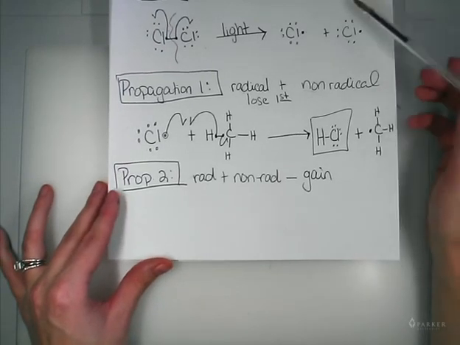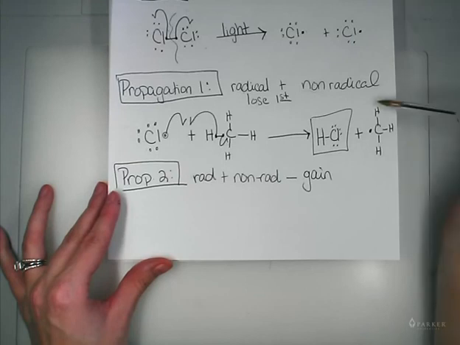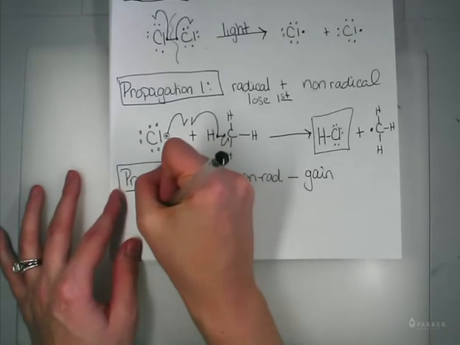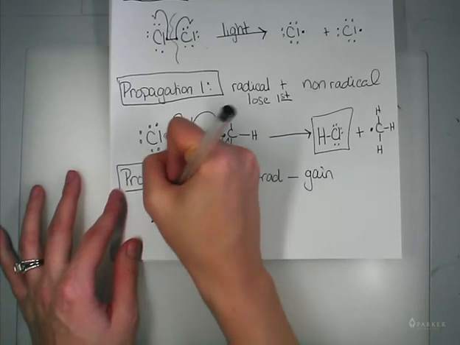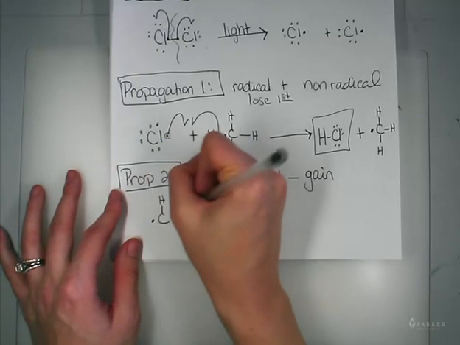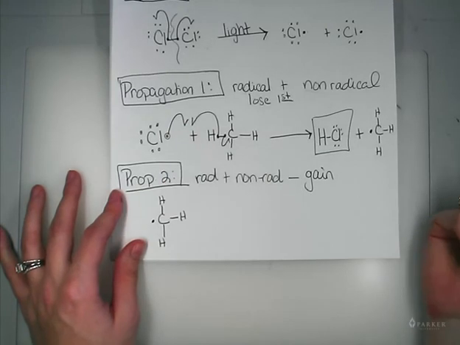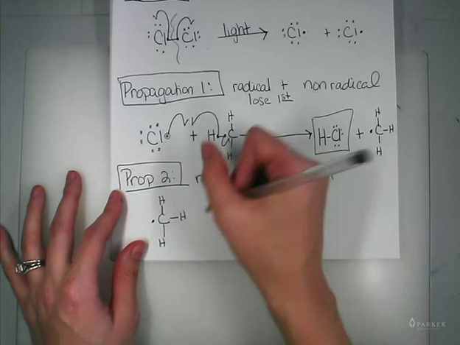So remember I told you you're always going to use the radical that you just formed? What radical did we just form? The carbon. Okay, now this is going to confuse you for a second.